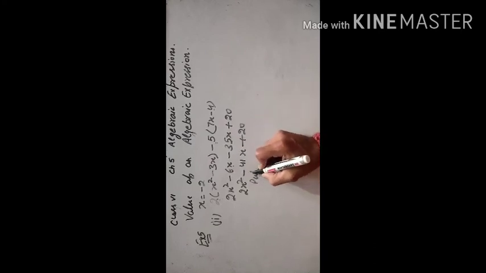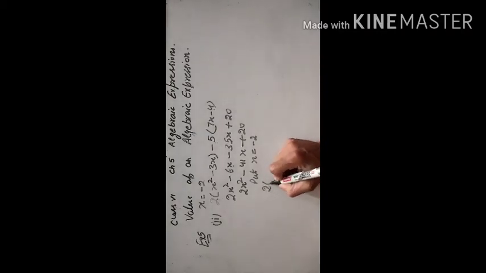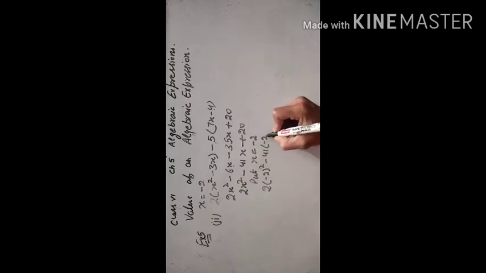Now put x is equal to minus 2 in this value. 2 into minus 2 square minus 41 into minus 2 plus 20.